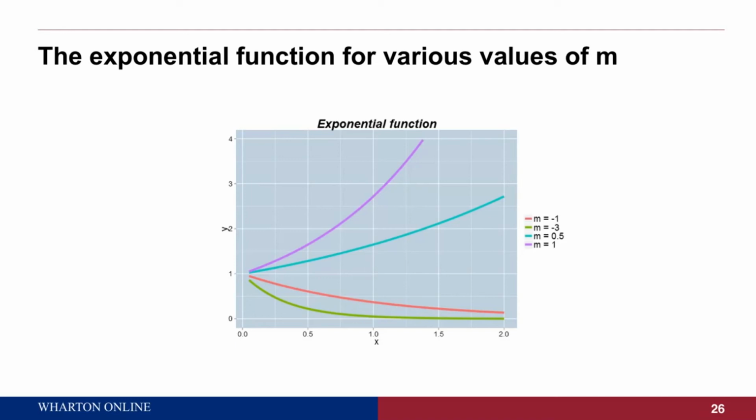You see the green curve is beneath the pink one. If we have m equal to 0.5, we've got an increasing exponential here. And if we have m equal to 1, because 1 is bigger than 0.5, that's the purple graph, we're increasing faster. So those are exponential functions, and that was what I had been using to model the epidemic, if you remember.